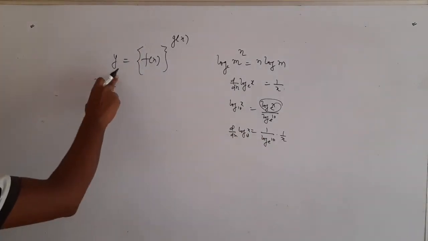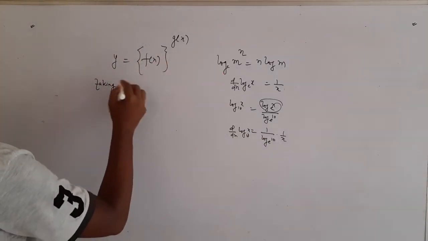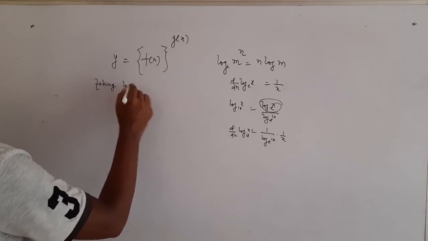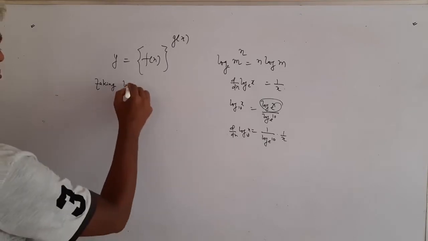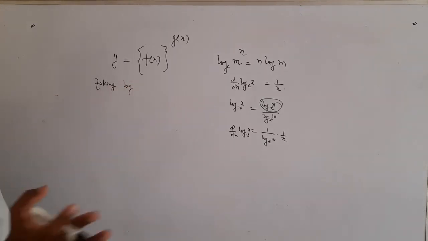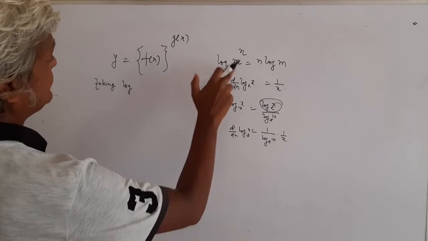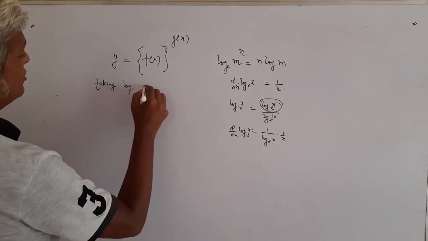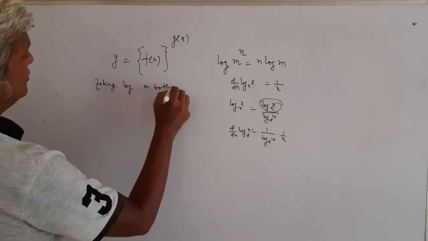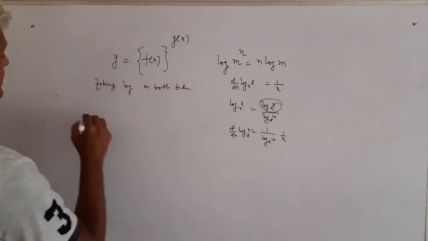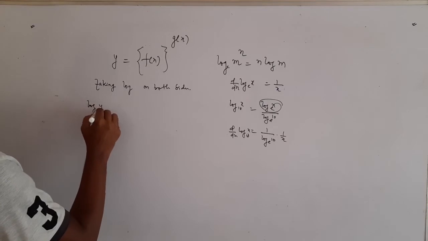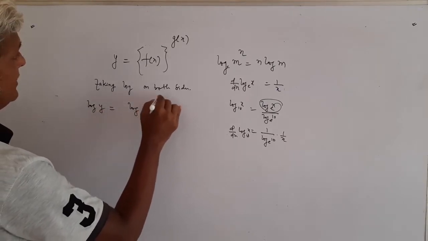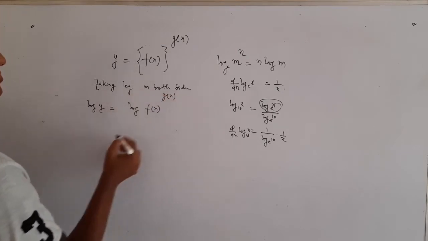Now here we are taking the logarithm, so taking the natural logarithm, ln. Some authors call this ln, but we will be using log, keeping in mind that we are always using the log in base e. So taking log on both sides, we have log y is log of f(x) to the power g(x).